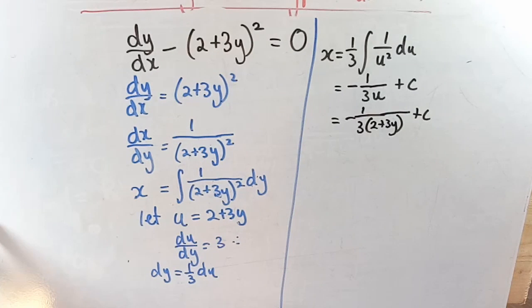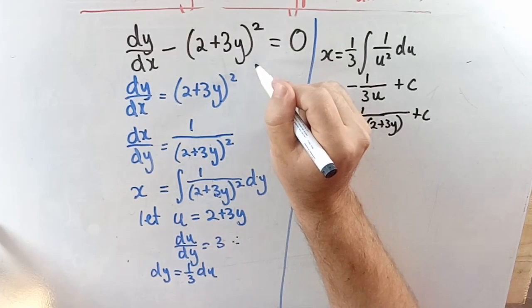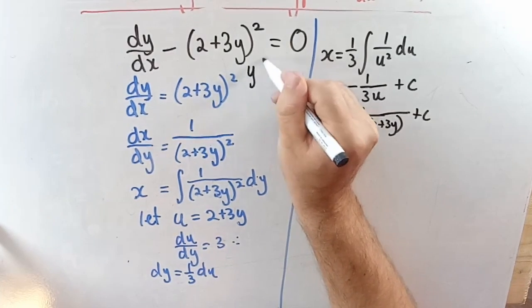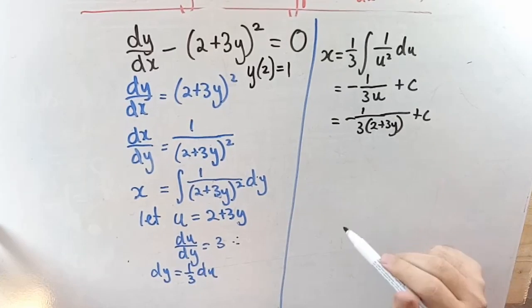And now we can rearrange. Oh, I forgot to write down the boundary condition here. The boundary condition for this one was y of 2 is equal to 1. Okay, y of 2 equal to 1. So this is x. So we could solve for c now.